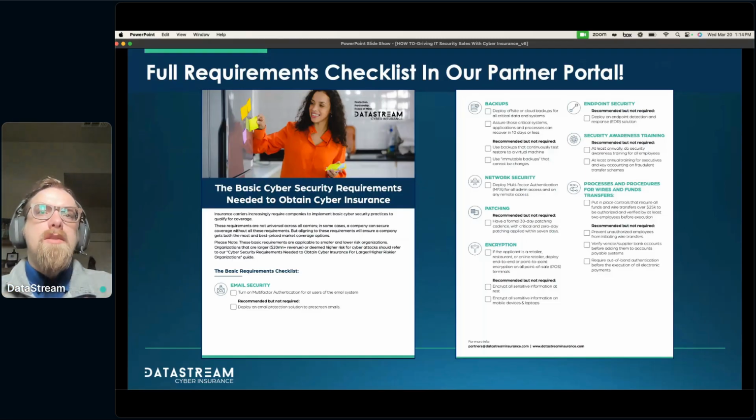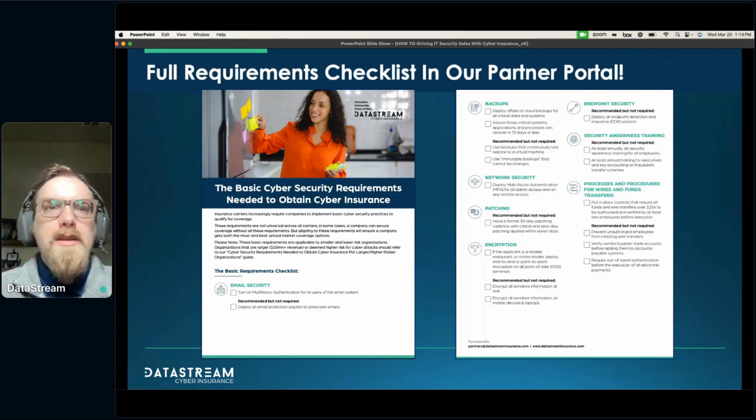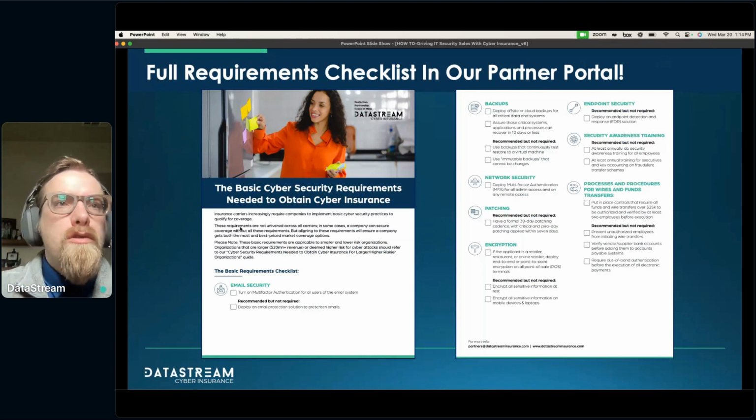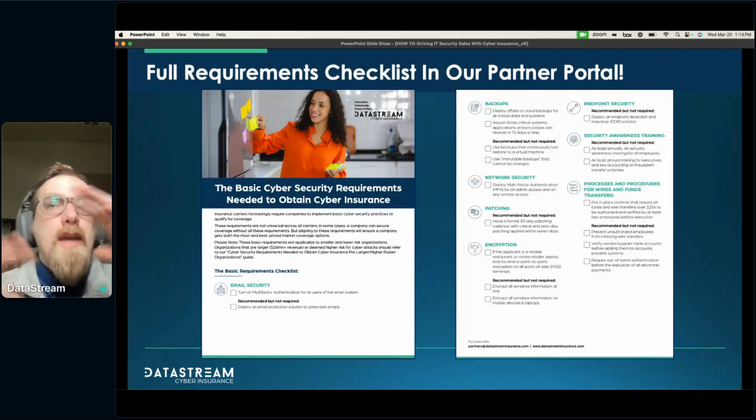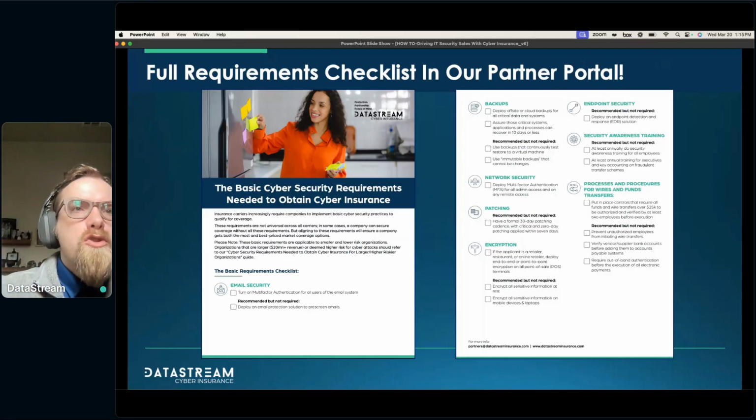We created this to educate both customers and partners alike, to outline, hopefully in as simple a way as we can, what requirements these carriers are looking for and how they map to the entire market. Again, it's unstandardized, so everybody's a little bit different, but obviously there is some overlap, so we did our best to organize this.